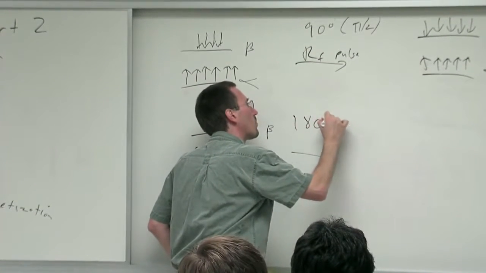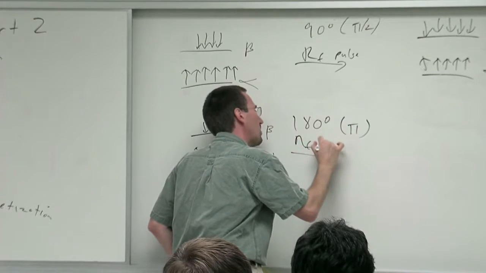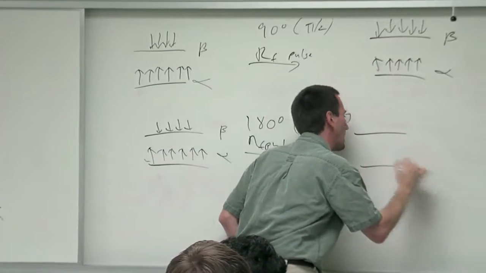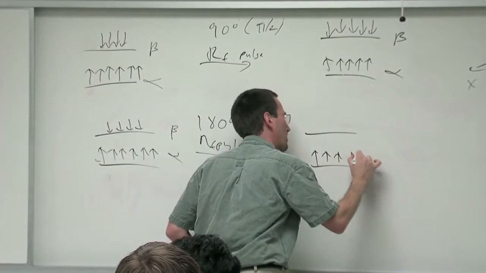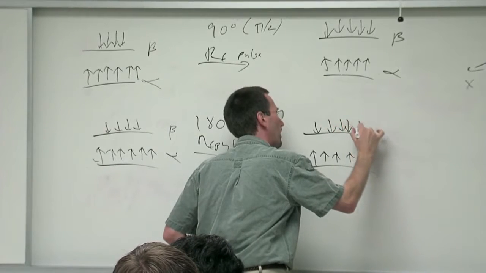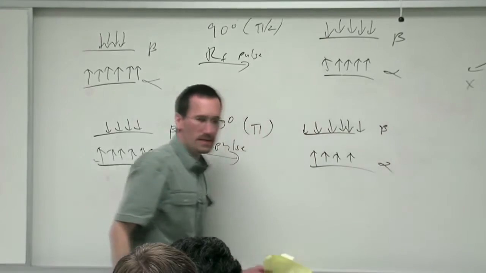If we apply a more powerful RF pulse, what we call a pi RF pulse or a 180-degree RF pulse, I can invert the population.